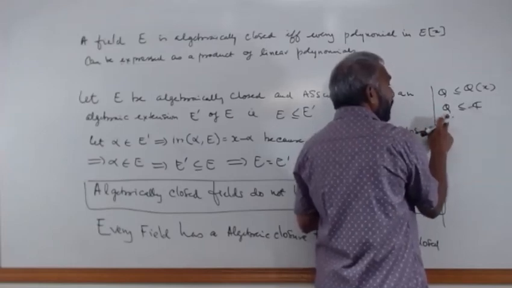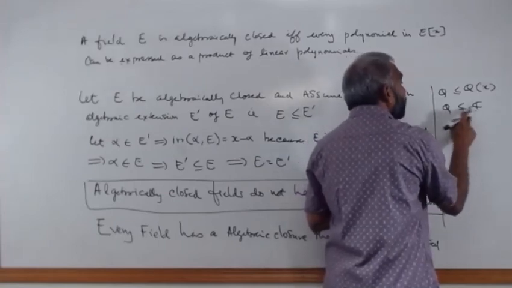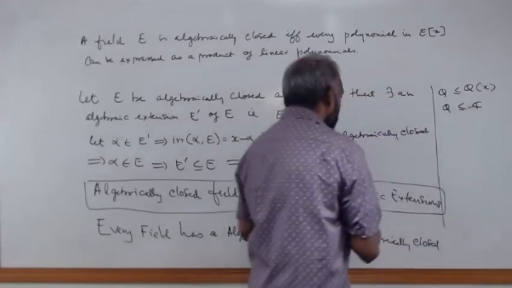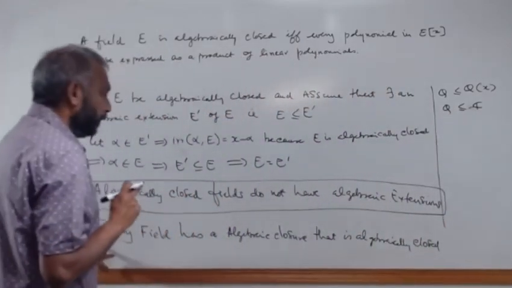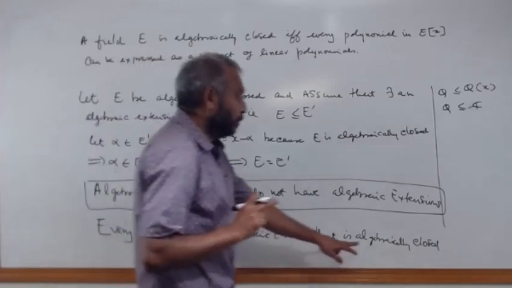But for this extension, the algebraic closure of Q over C is algebraically closed. So we can always find an algebraic closure that is algebraically closed.